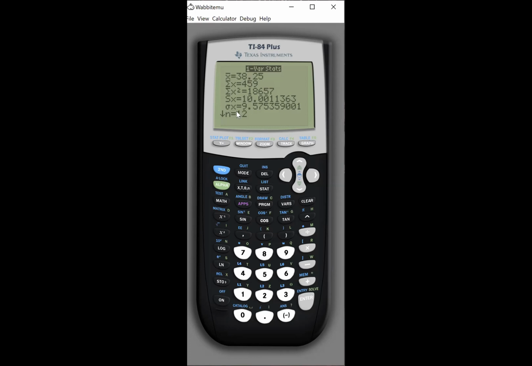All right, but any questions so far with this calculation of sample mean or sample standard deviation? All right, so let me transition back to the notes so that you can see that I entered that for the sample mean and that for the sample standard deviation.